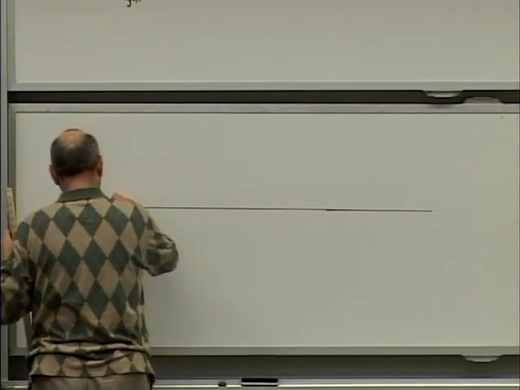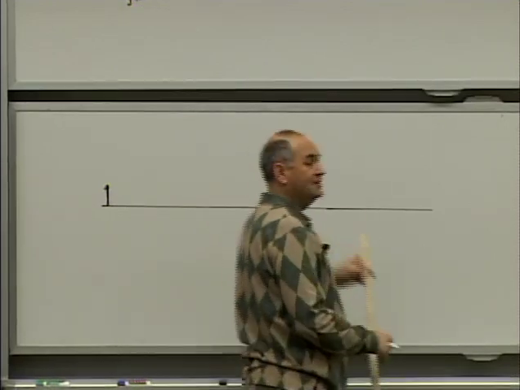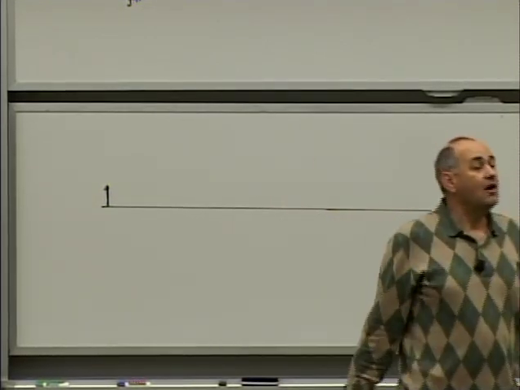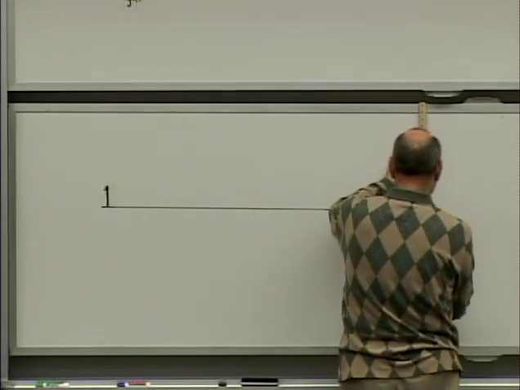So let's say we have the object over here. One mirror, that big mirror which you see inside of that telescope, is really the objective of the telescope. So here we have a mirror.